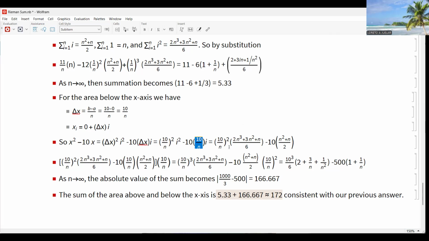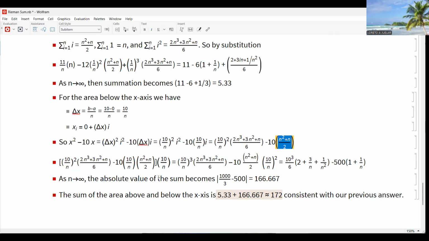Then 10 over n here is 10 over n squared. So this one is equal to the summation of i squared here, 2n cubed plus 3n squared plus n over 6. Then this one, minus 10, the summation of i here is equal to n squared plus n over 2.